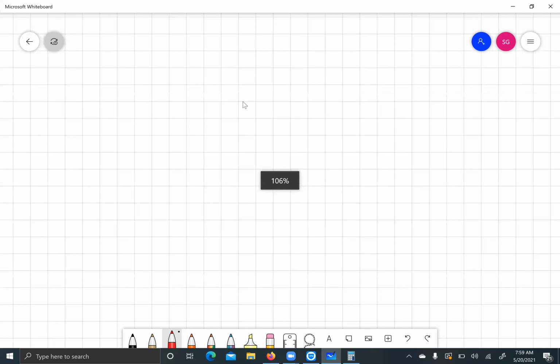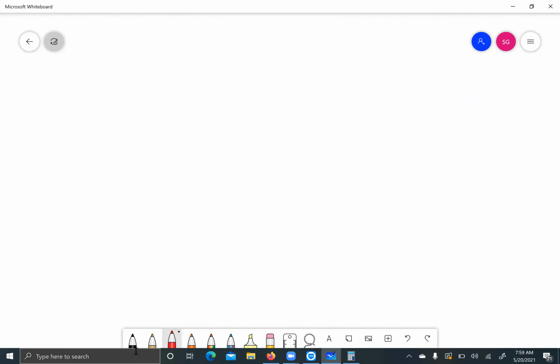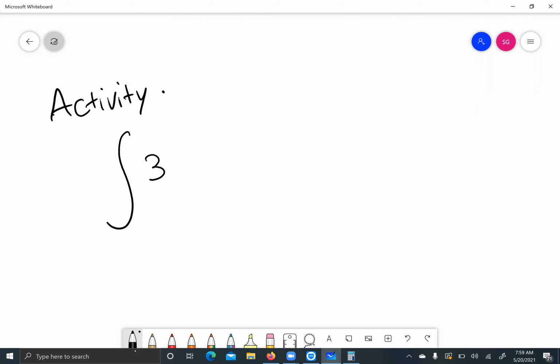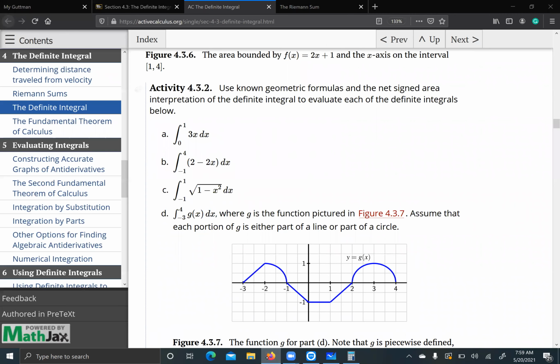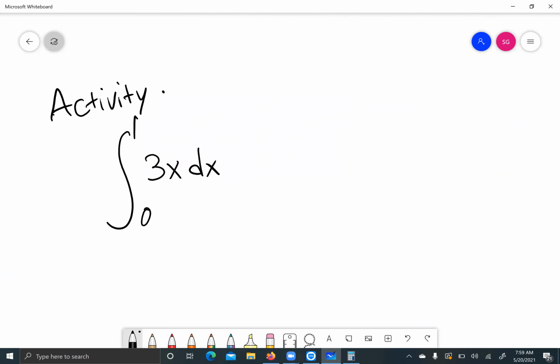The question is, evaluate the integral of 3x with respect to x from 0 to 1. We need to use geometry.